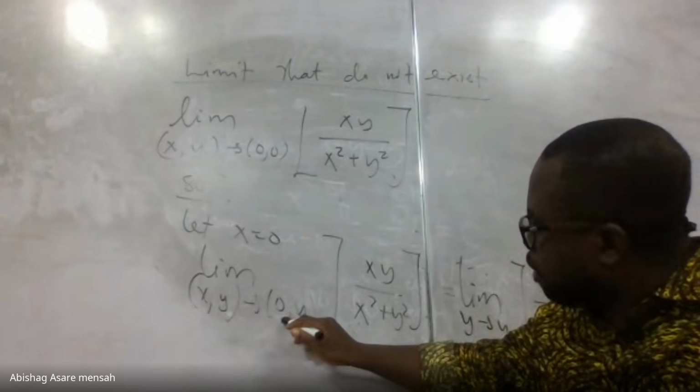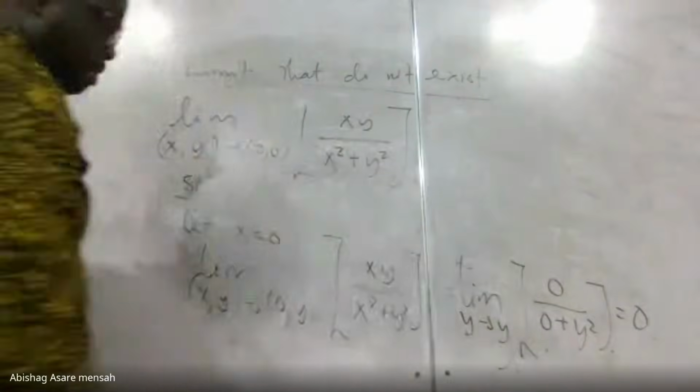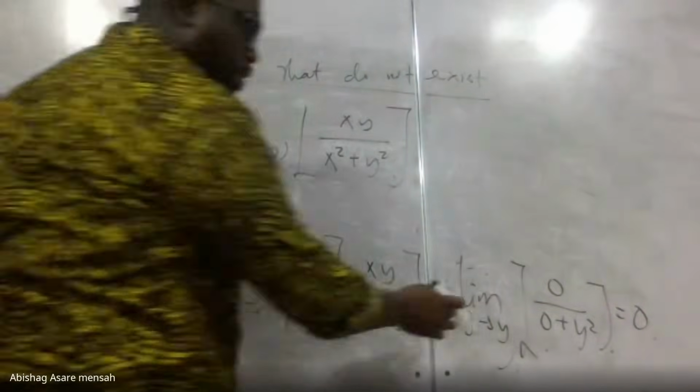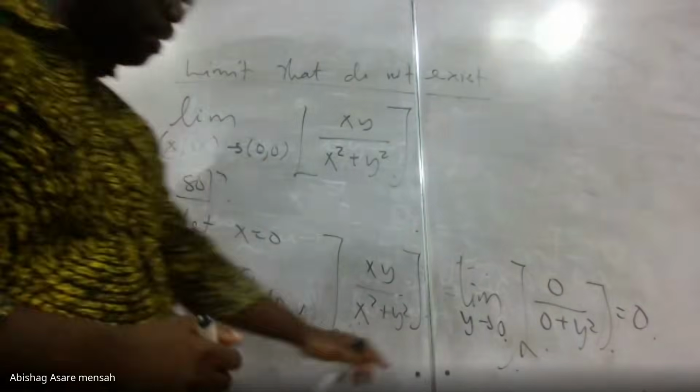Now, when we finish this one, we are going to find the limits, right? Okay, so this one's supposed to be 0. Sorry. That's what we are talking about. Because it's 0, 0, so we start with this one.